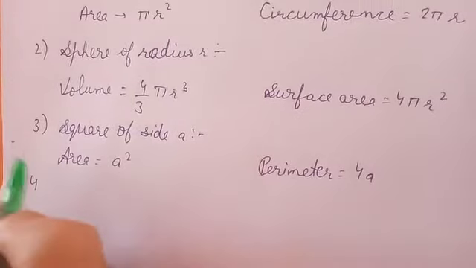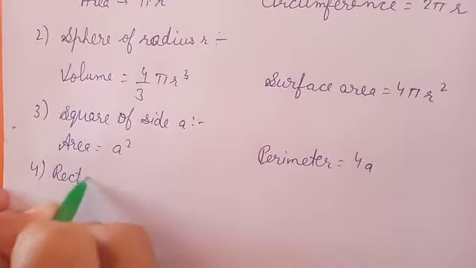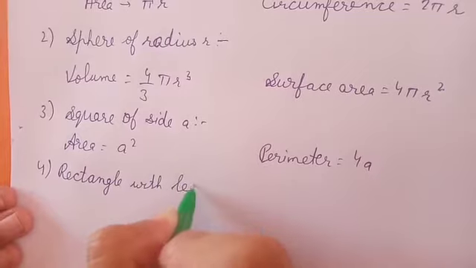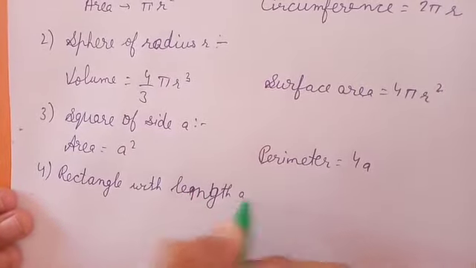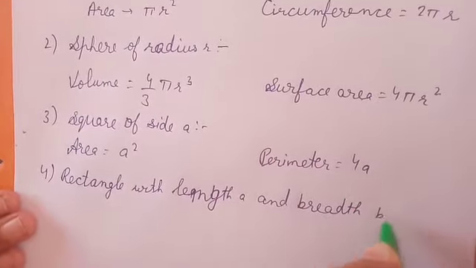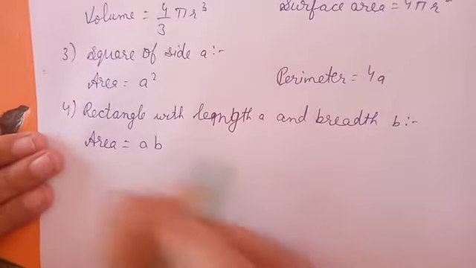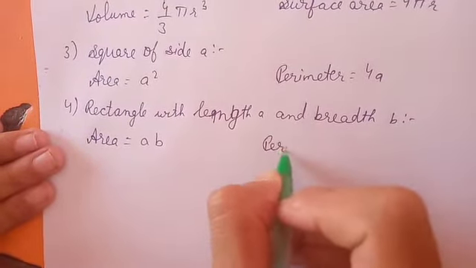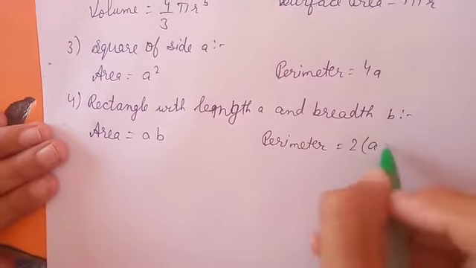Next is rectangle with length a and breadth b. Of a rectangle also we find area and perimeter. Area will be a into b, length into breadth, and perimeter is 2 into (a plus b).